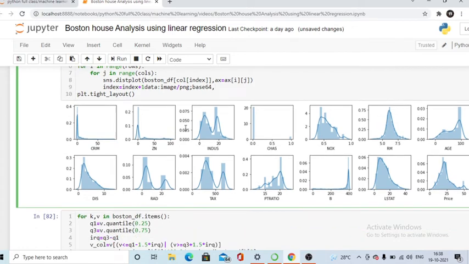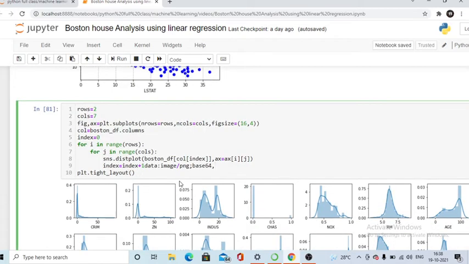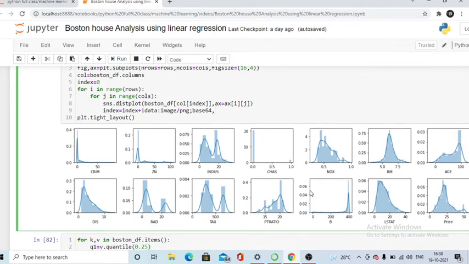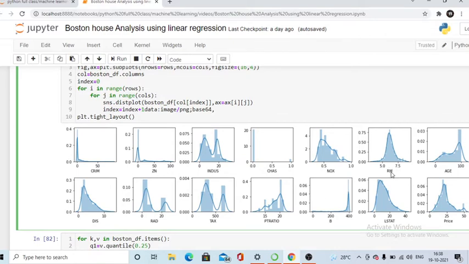This is my coding part, and if you write this code, you will get this distribution plot. Here you can see that LSTAT, RM, age, price, all these distributions are very good. So basically we will choose this type of features in our model.